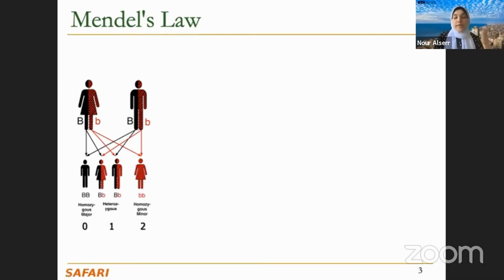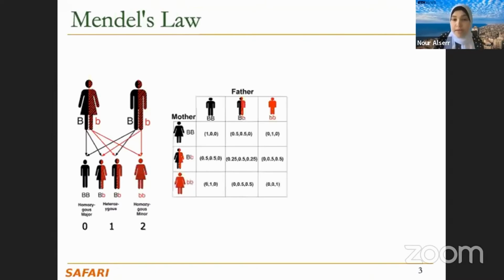Now, what is the probability of having the values of 0, 1, or 2? What are the probabilities of having a homozygous major SNP, a heterozygous SNP, or a homozygous minor SNP? These are given by Mendel's laws. Imagine here we have a father and a mother.